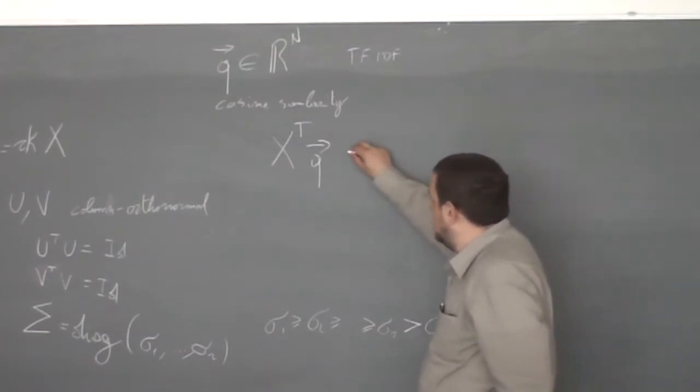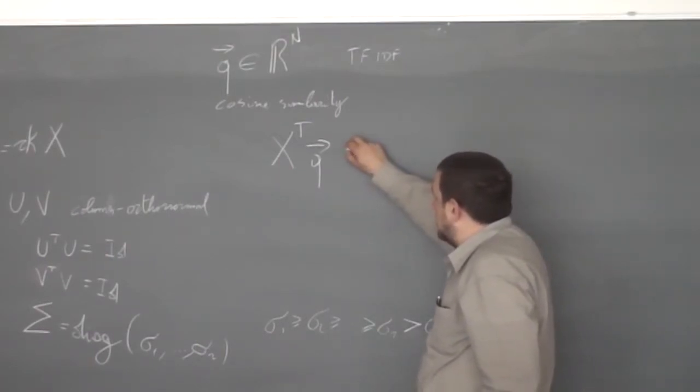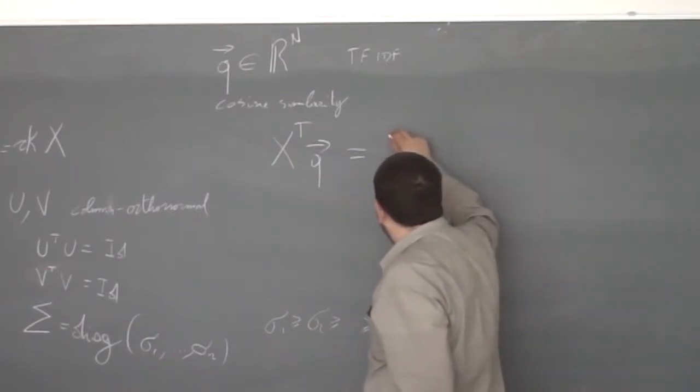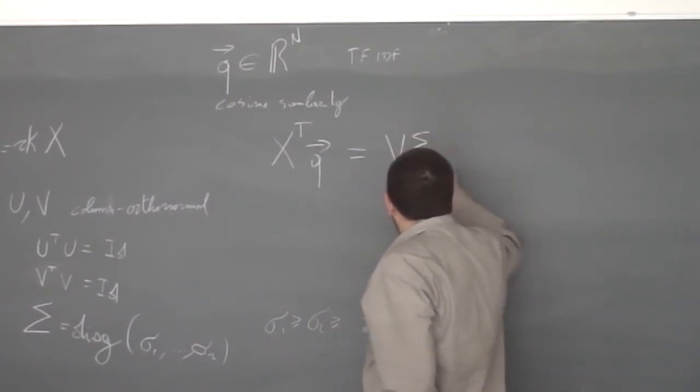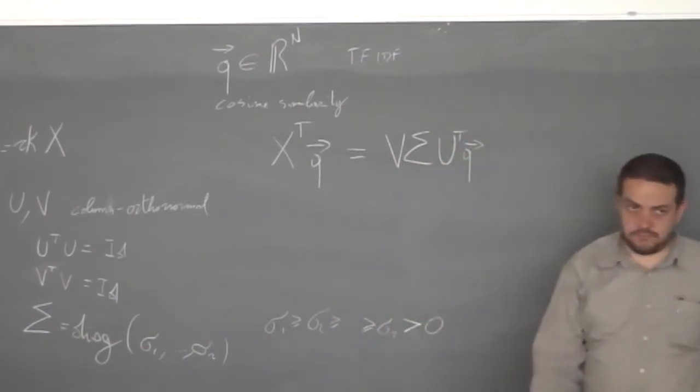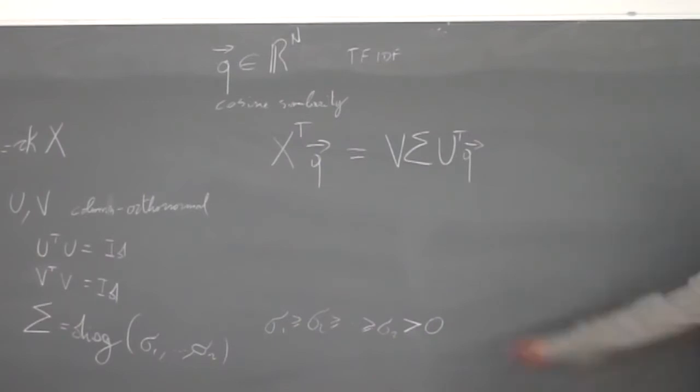But this can also be done as V sigma U transpose Q, by the definition.